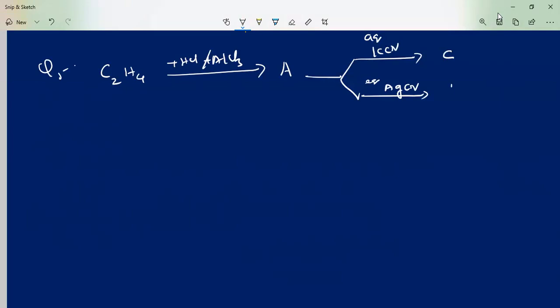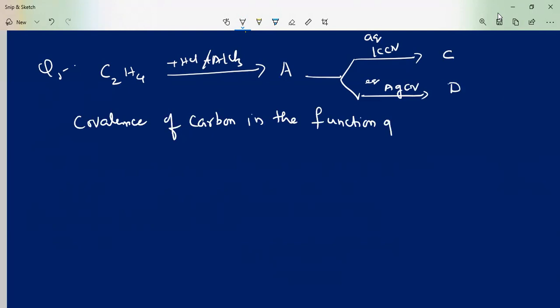We get the products C and D. Then the question is: what are the covalences of carbon in the functional groups of C and D?